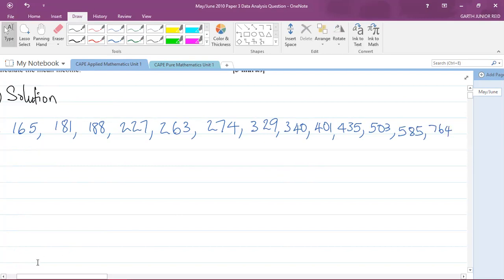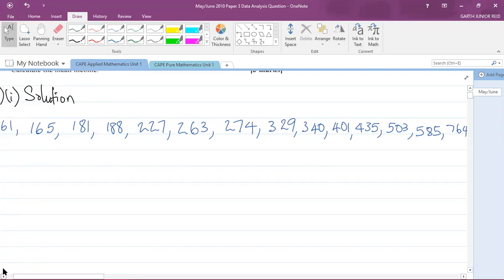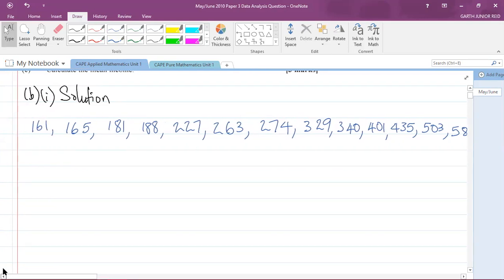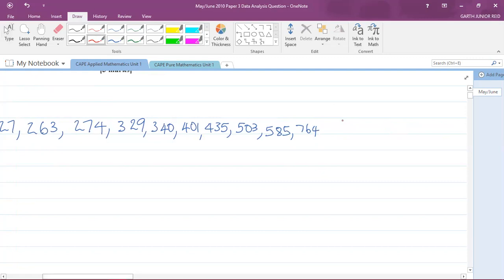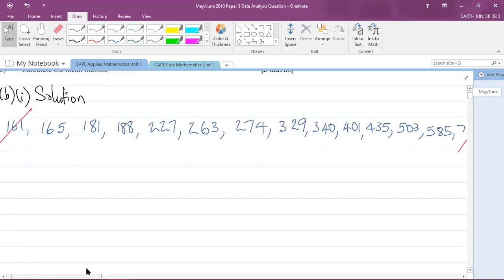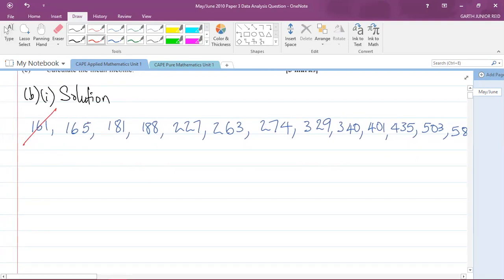We want to find the median, which is the middle value after we arrange the data in order. The data is in order, and I'm going to show you a simple way of finding the median. I'm not going to use the formula here. What I'm going to do is cancel one value above and one value below, and continue doing that until I reach my middle value.